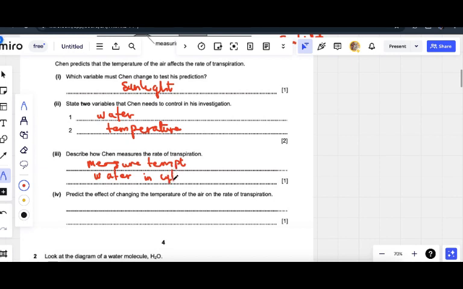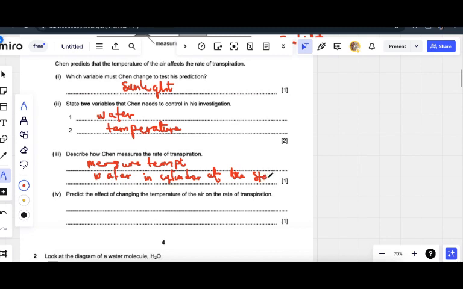You can just say volume of water at the start, and then he can find the volume of water in the end. So how much water did he put? Volume of water at the start, and then volume of water that remains at the end of the experiment.